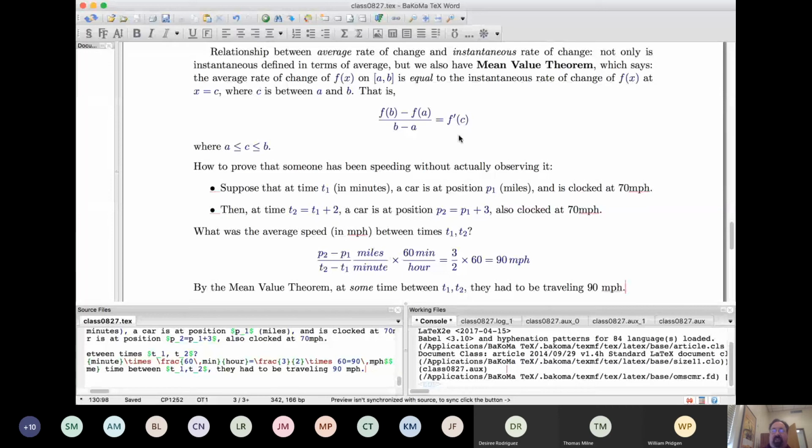Now, realistically, it would have exceeded it also, but by how much we would not know. But it had to hit 90 in order for the average over that whole 3-mile, 2-minute stretch to be 90. So would 90 be the instantaneous rate of change? Only at some point between these two times. Okay. Thank you. Yeah, so we simply don't have enough information to say more than that. But the mean value theorem does give us that much.